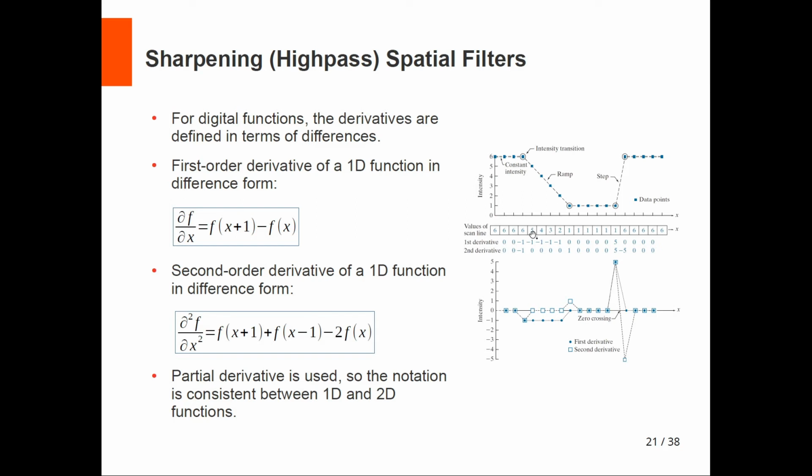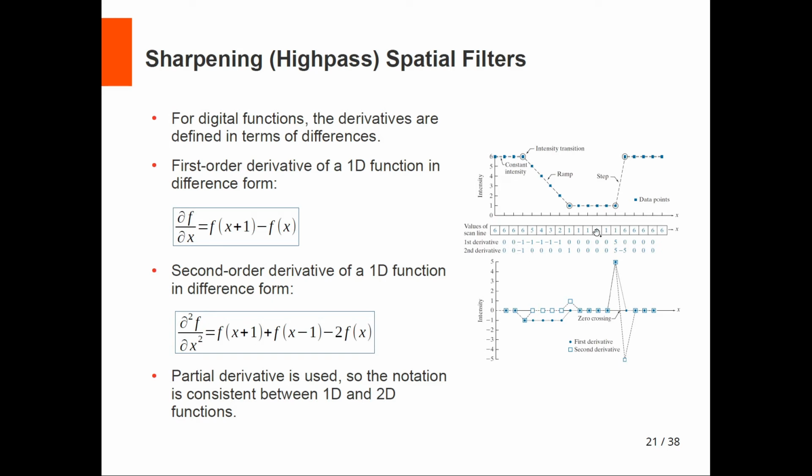So for example, for this pixel, for the first derivative, we have 4 minus 5, which is -1. As for its second derivative, what we have is f of x plus 1, which is here 4, plus f of x minus 1, which is here 6, minus 2f of x. So for this pixel, it's going to be 4 plus 6 minus 10, which is equal to 0.